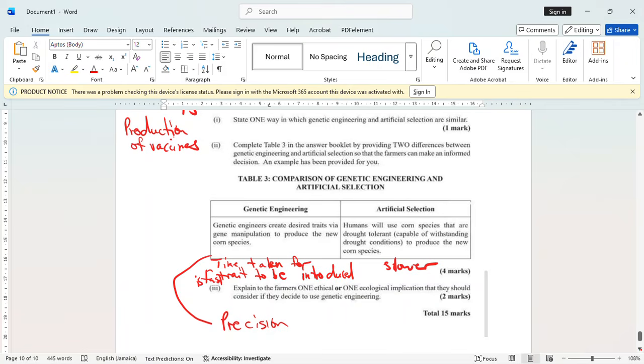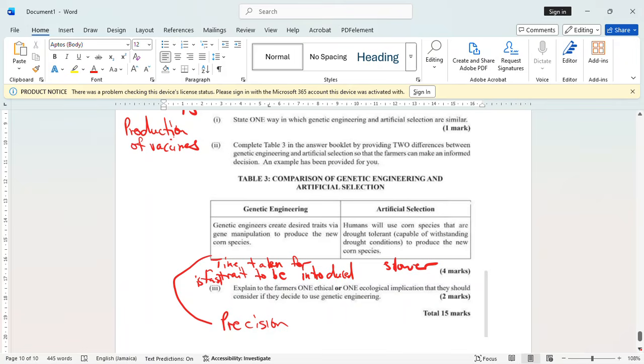For artificial selection, you just select a corn plant that is drought resistant. It has to take on all of the characteristics of that plant. Suppose there is something that you don't want.